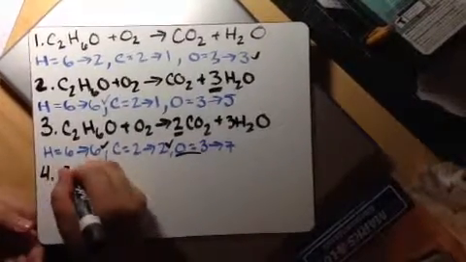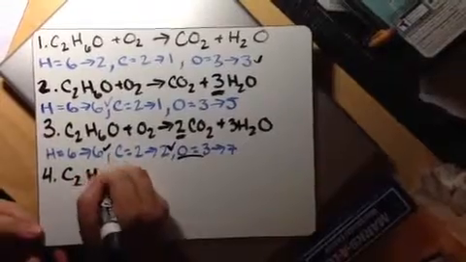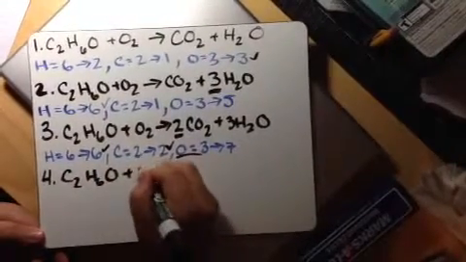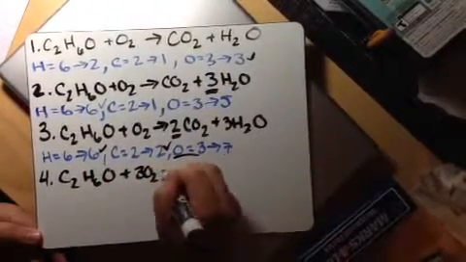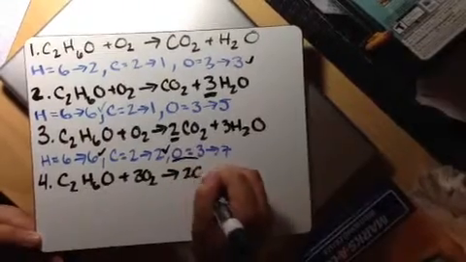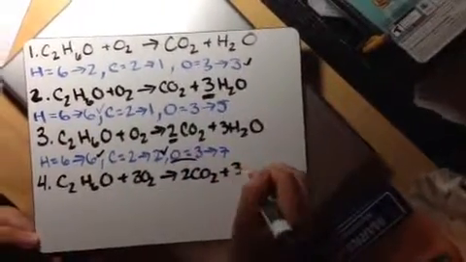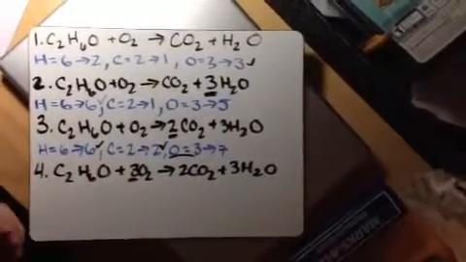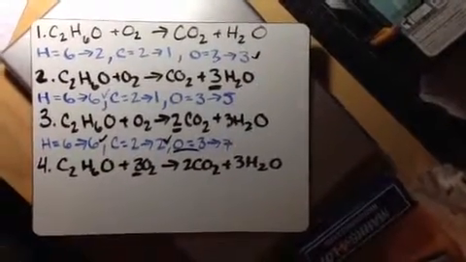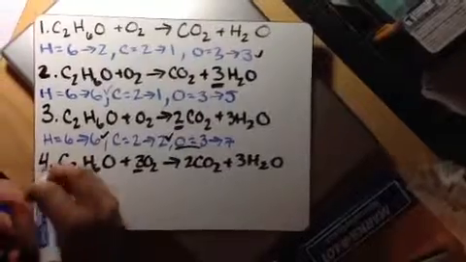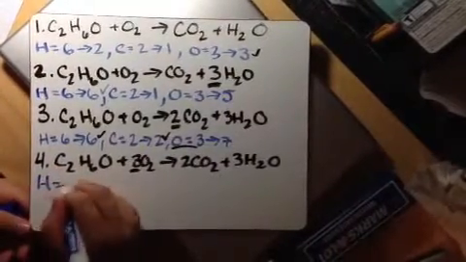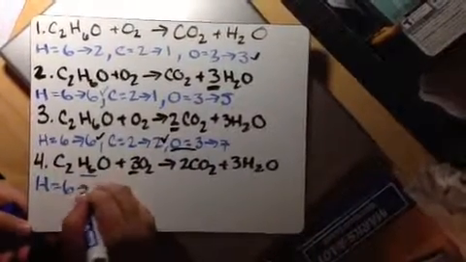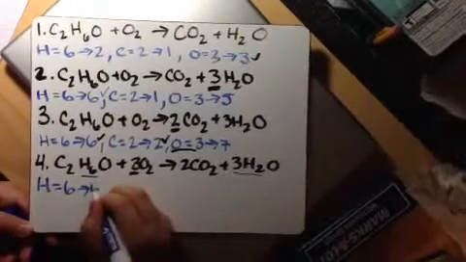We're going to do C2H6O plus 3O2 creating 2CO2 plus 3H2O. And our new thing was that 3 right there. So let's make sure that we've balanced the equation. For H, we've got 6 creating 6.